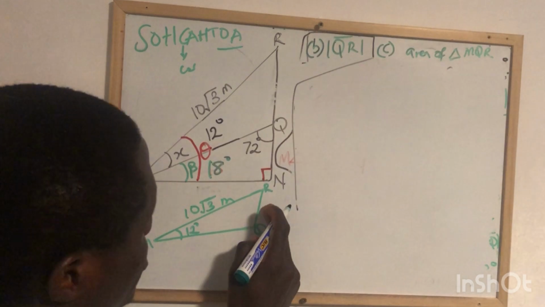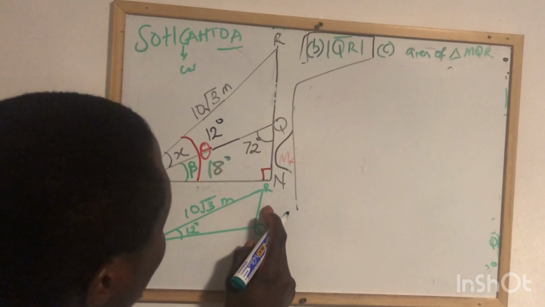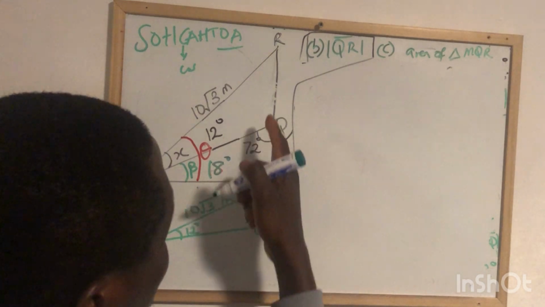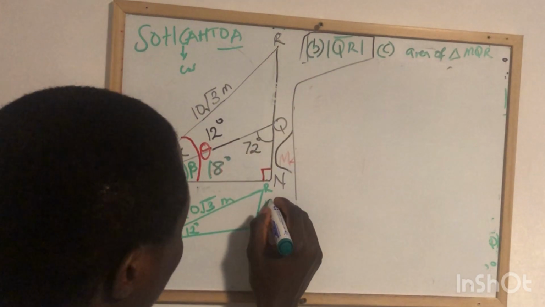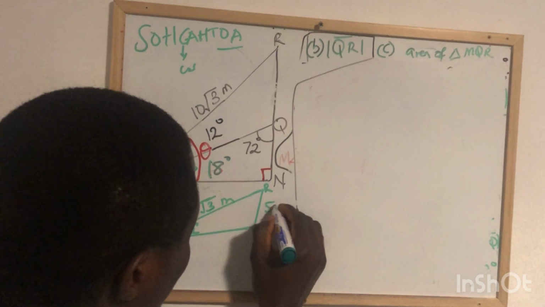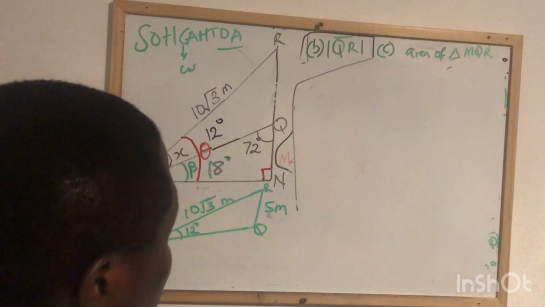To the nearest whole number, the QR that we get, don't forget, is 5 meter, because it's 9 minus 4, which is 5 meter.